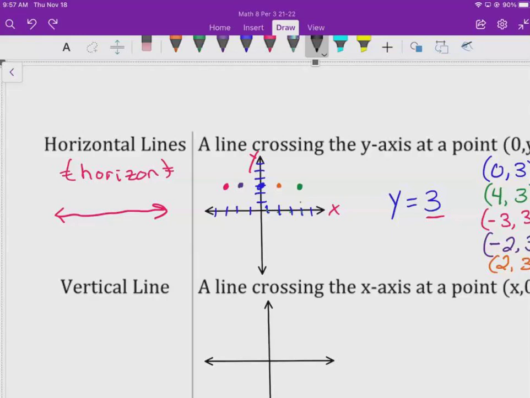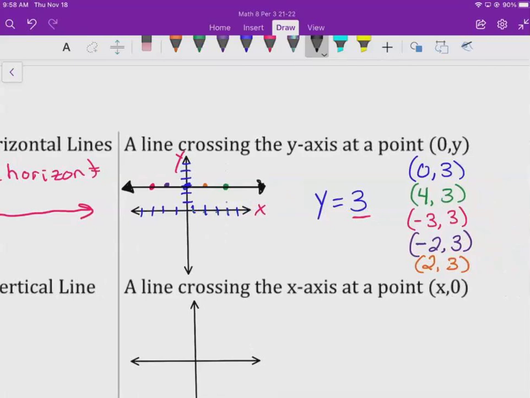And they line up on the line of y equals 3. Remember, lines have arrows at each end, and they're drawn with a straight edge. Okay, so when it says y equals 3, that means all of my y coordinates are 3. And it crosses the y-axis.